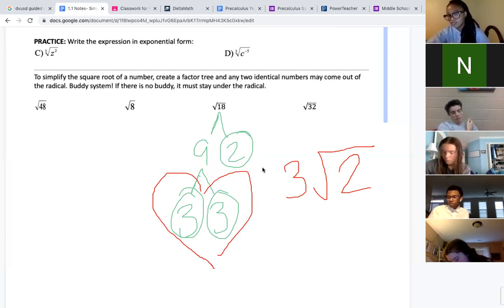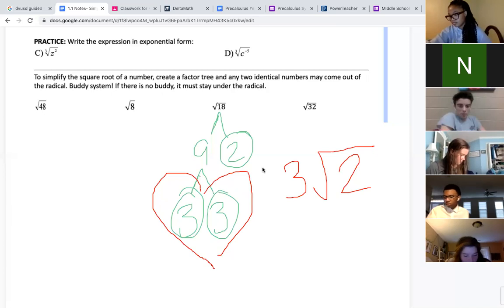Cool. All right, so why don't y'all try the last one now, square root of 32. See if you can follow those steps and break it down. Once you've got it, put a thumbs up in the chat.